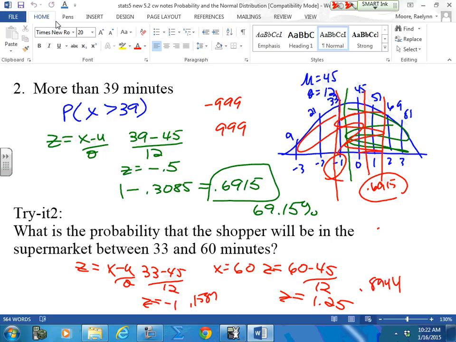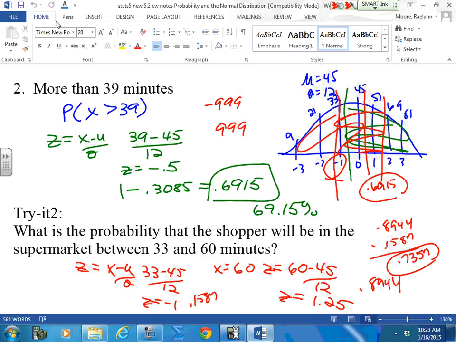You always subtract so that your area is positive, because you never can have negative area under your curve. So what this means is there's about a 74% chance that the shopper we pull will last between 33 and 60 minutes in my supermarket.